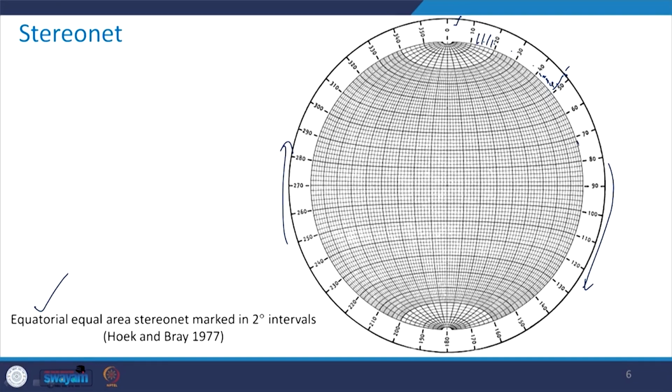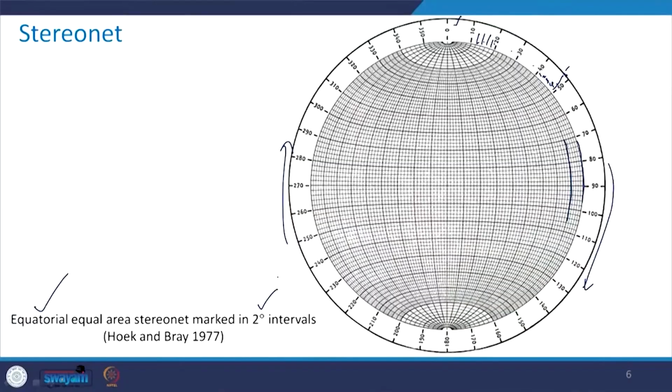You see this is the first one, then the next longitude is this, the dark one, which is representing 10 degrees. Then again in between these two, it has been divided into 5 intervals, each representing 2 degrees. So, likewise, this is the stereo net having 2 degrees of interval.